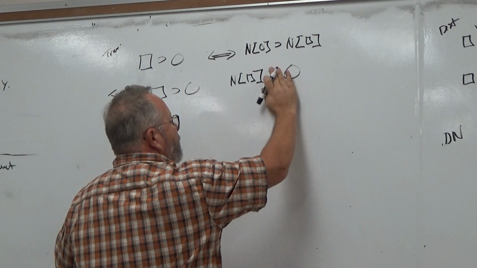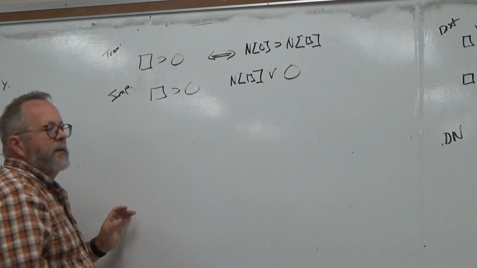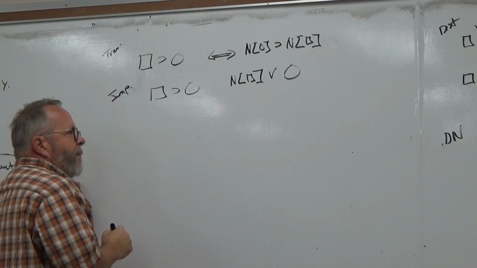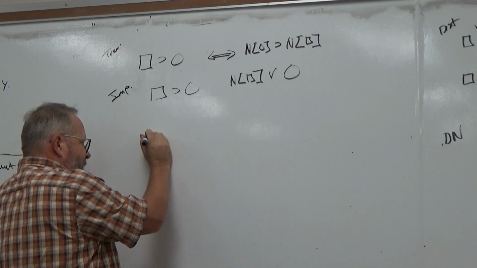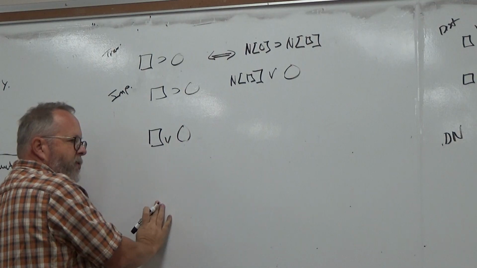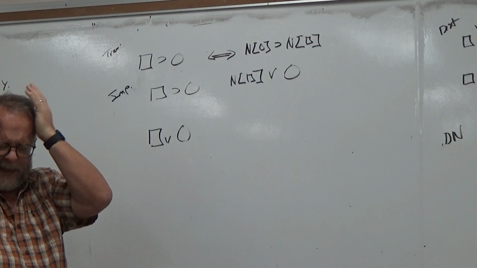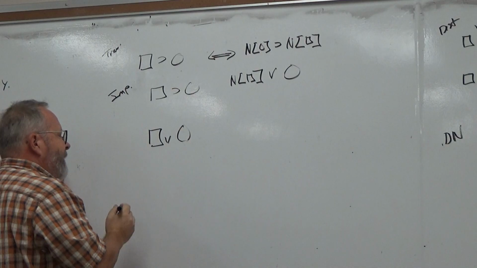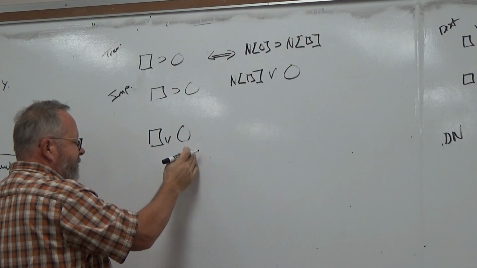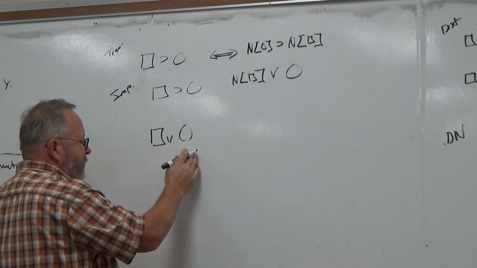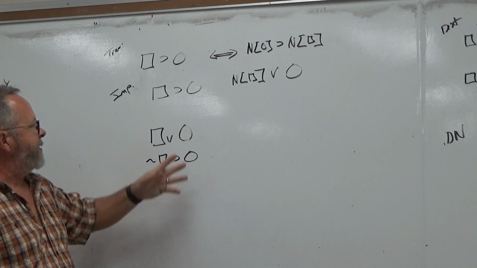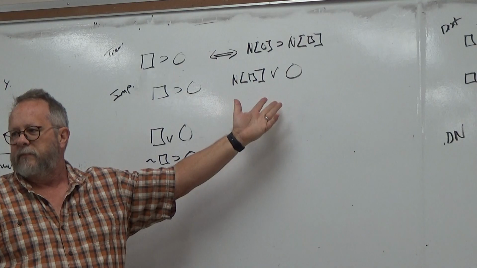Oops, this is supposed to be an or. Okay, and we've been familiar with this from the beginning when we had unless. I said, hey, unless, just do it this way. Box, unless, circle. Some people are like, no, that's a conditional to me. And I said, yes, it is a conditional, but if you said X unless Y or box unless circle, if you wanted to do it as a conditional, it would be if not box, then circle. Which is exactly what we've just shown right here, right?